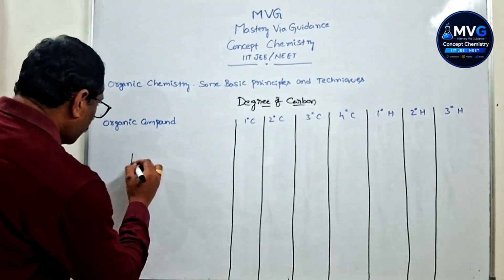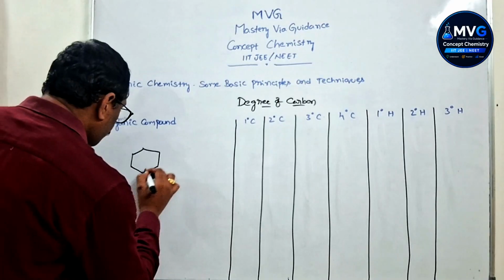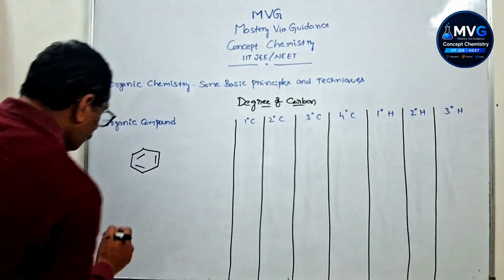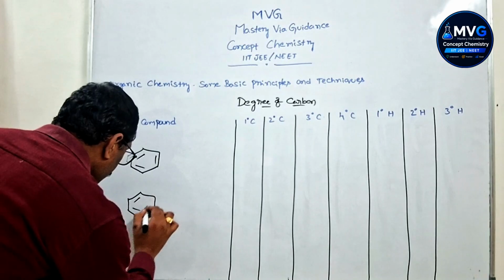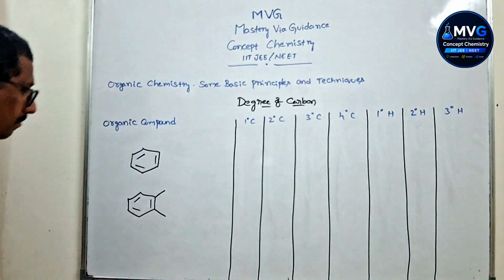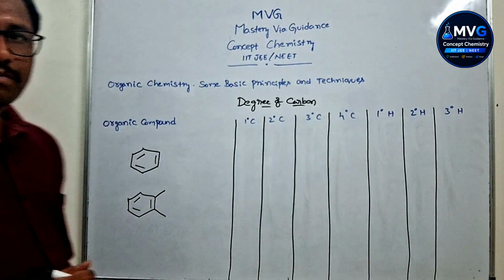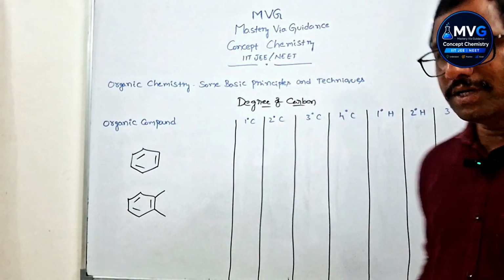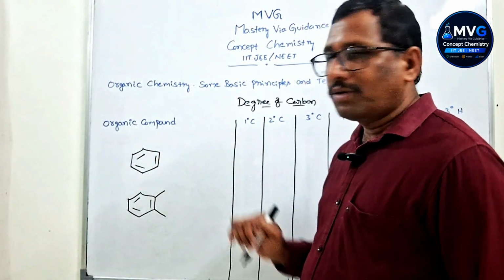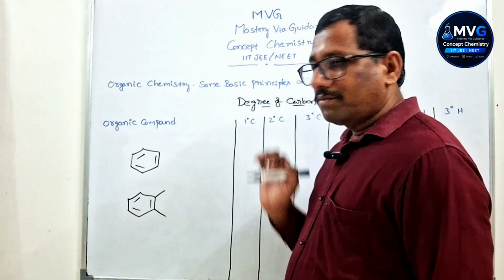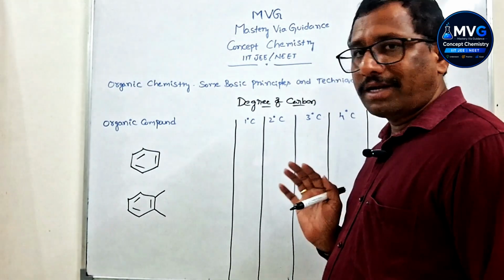Next, if they give like this, students, solve these 2 compounds. Now here carbon further connected with 2 carbons is a secondary carbon, so all are secondary carbons only.